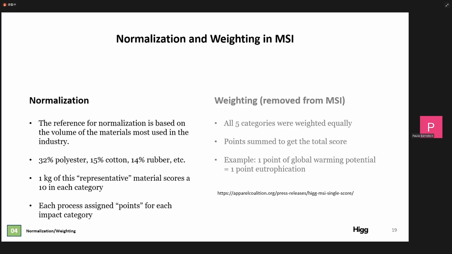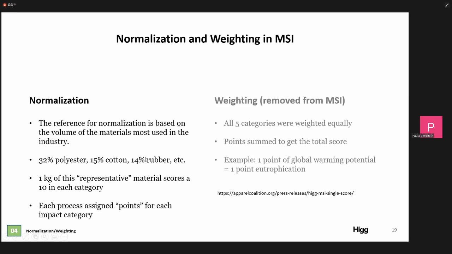So 1 kilogram of this weighted hypothetical material scores a 10 in all categories. So that's like our framework for moving from the LCIA values that I talked about a couple of slides ago to the MSI scores or the points.